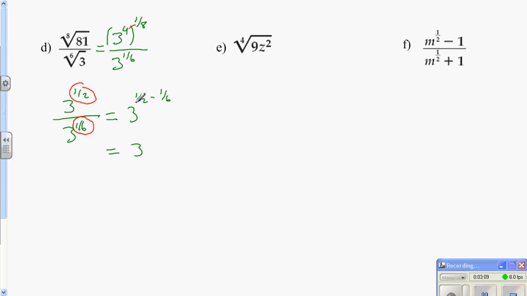So we would take this times 3 times 3, and we would get 3/6. 3/6 minus 1/6 is 2/6, which reduces to 3 to the 1/3. So you'd finish back in radical form, cube root of 3.